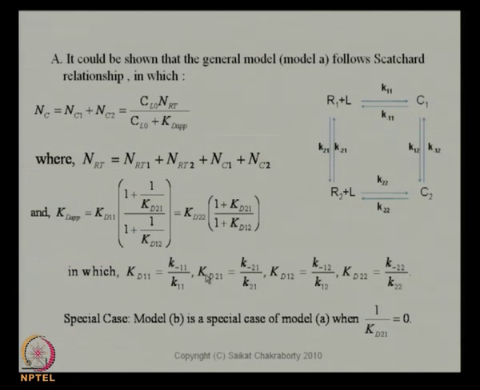It would come when 1 over Kd21 is 0, or in other words Kd21 is much greater than Kd minus 21. Okay, that is, in this case, this step is not there.